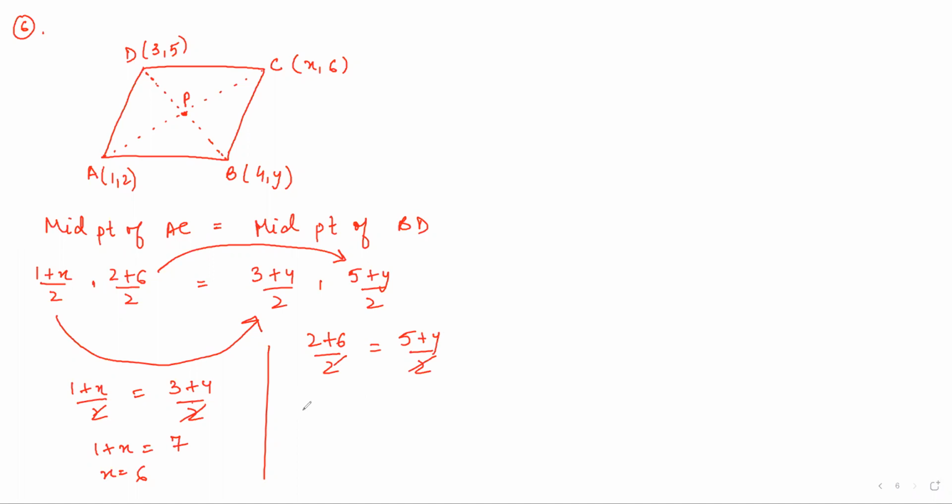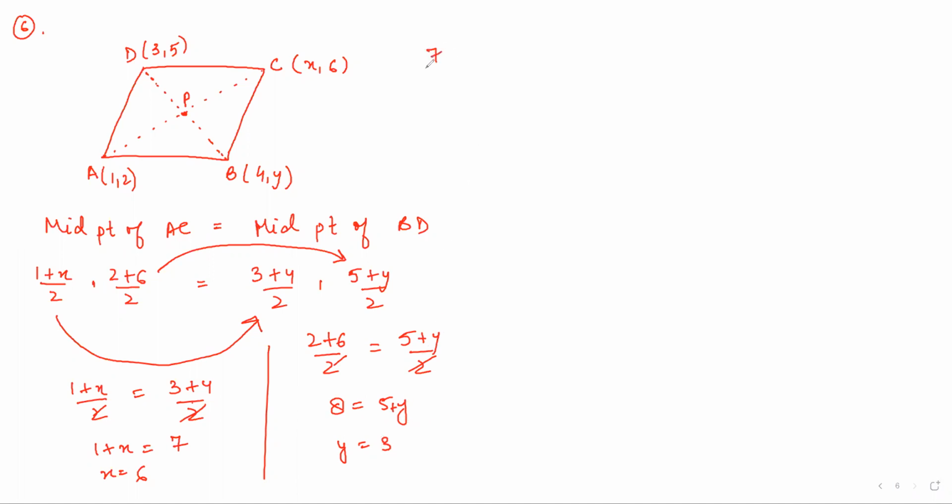Again the 2 cancels out, so 8 is equal to 5 plus y. y is 8 minus 5, which is 3. So you have to find x and y. That's it.